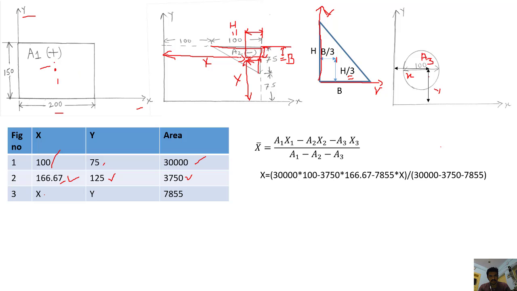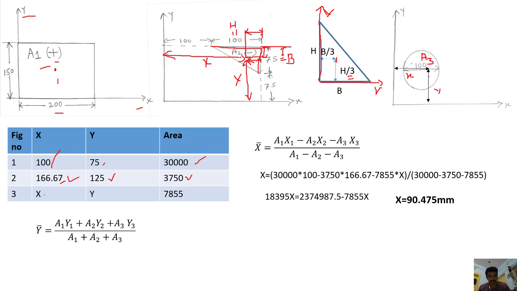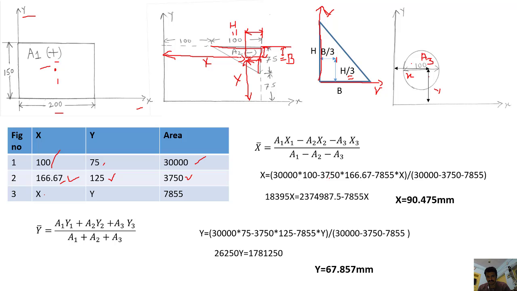This will be a positive area, while this triangle and this circle will be negative areas. Putting the values in that formula, we get the answer as 90.475 mm. Similarly, using the formula for y bar, A1y1 minus A2y2 minus A3y3 divided by A1 minus A2 minus A3, and solving it, we get 67.857 mm.